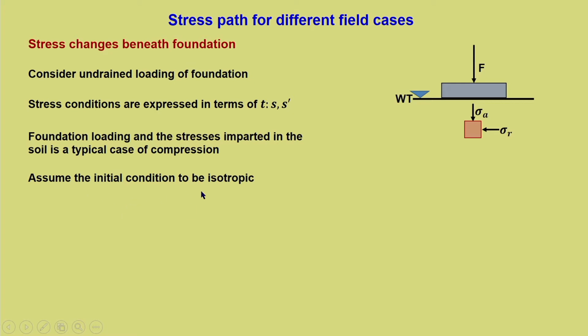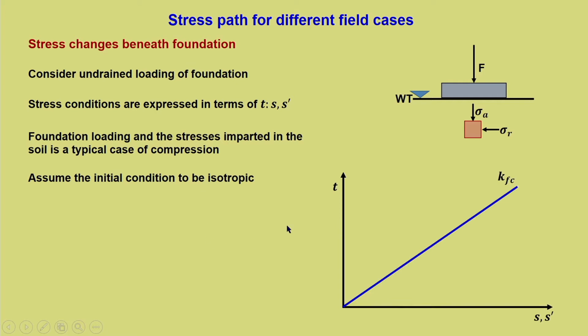Assume the initial condition to be isotropic for simplicity. Since this condition is invoked, we know that the starting point will be on the s-s dash axis. So, let P be the total stress point, and if there is an initial pore water pressure of u naught, the effective stress point will be at P dash.